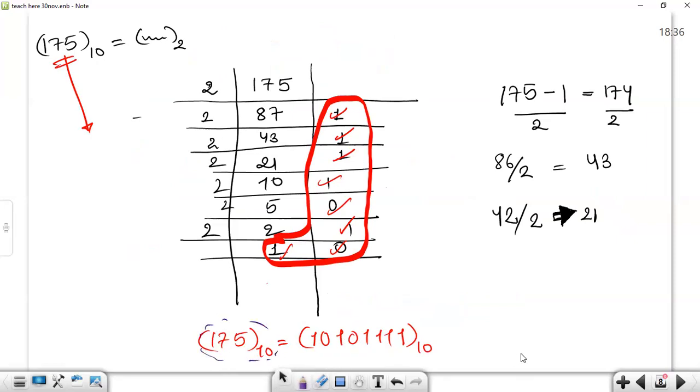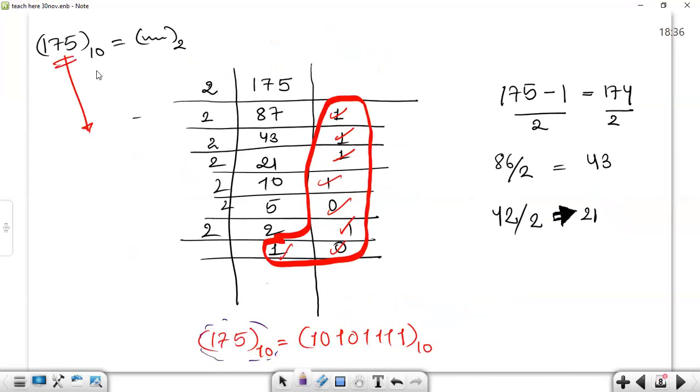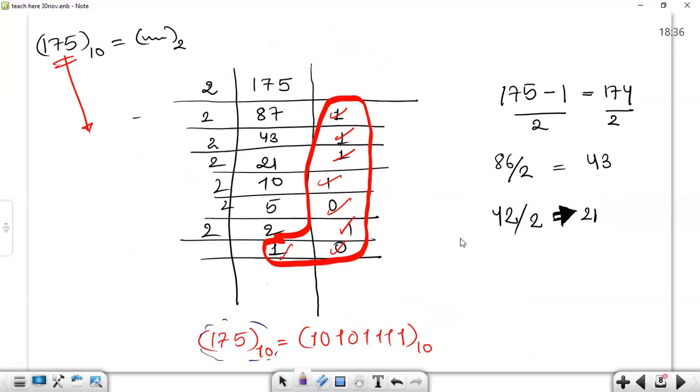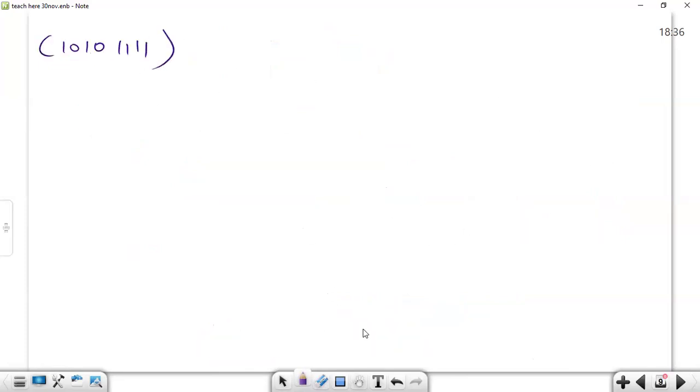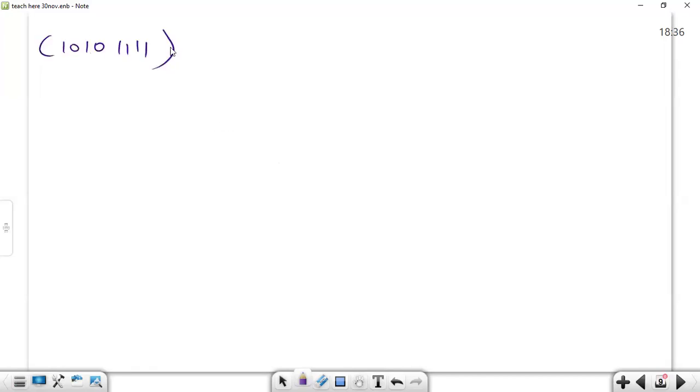So let's make a question for ourselves, and we have to find out what is the number. 10101111. Okay, there's a mistake, 2 must be here. Okay, this is a binary number. We have to find out its equivalent in decimal number system format.